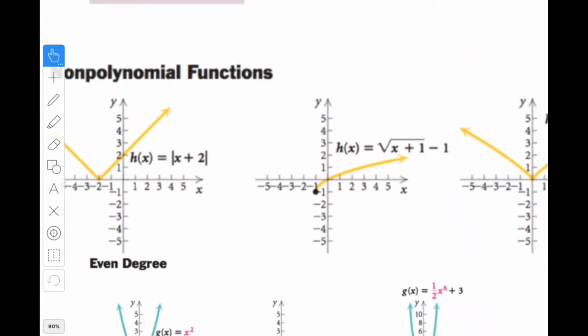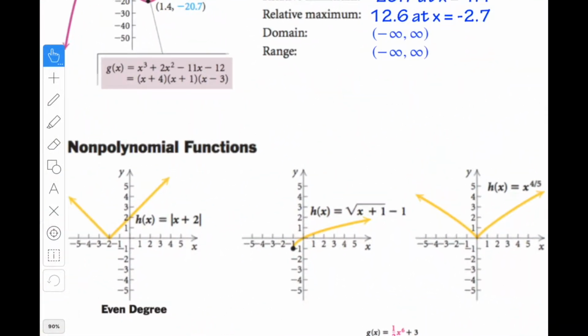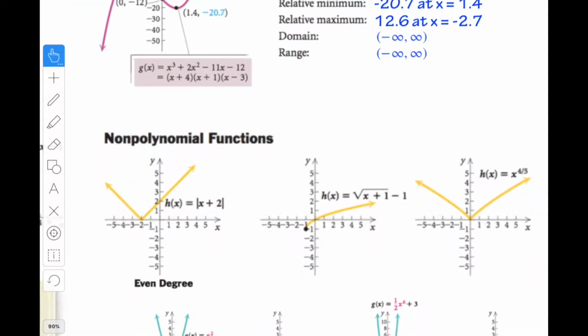Here are some non-polynomial functions because, as you might remember, these kinds of expressions are not polynomials. The absolute value is not a polynomial. The square root symbol doesn't create polynomials, and fractional exponents create things that are not polynomials.